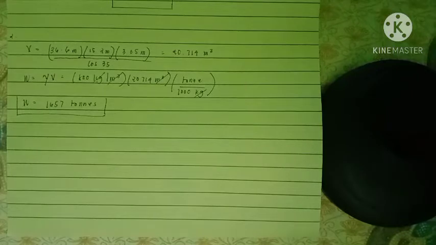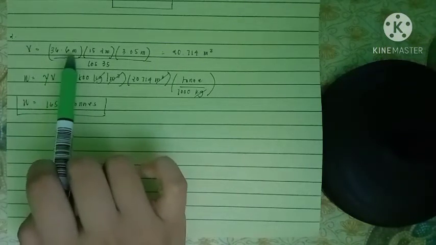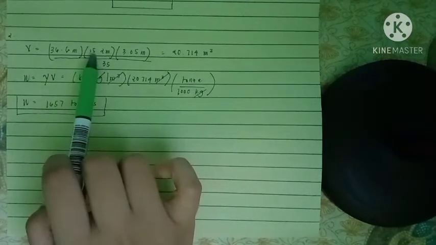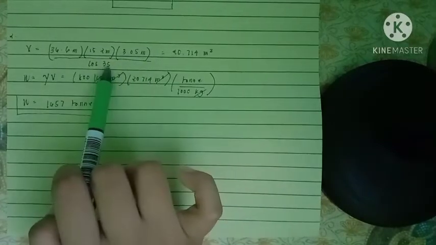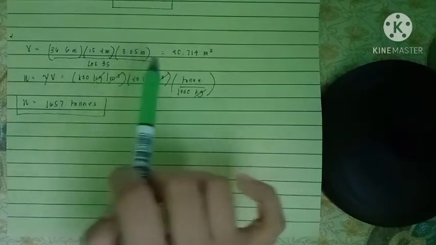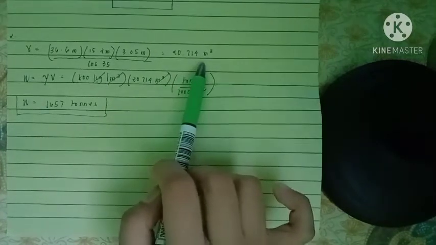Solution for problem number 2. What we're going to find here is the weight of coal, W. But first we have to solve V, which is equal to 36.6 meters times 15.2 meters times 3.05 meters divided by cosine 35, which will give us an answer of 20,714 cubic meters.